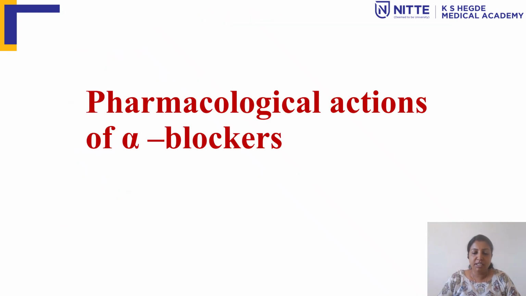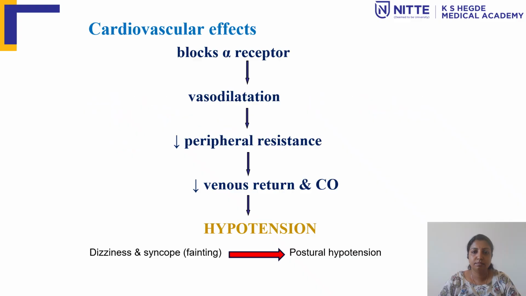Coming to the pharmacological actions of alpha blockers, the effect of the alpha blockers on blood vessels. By blocking the alpha receptor, which reduces vasoconstriction on stimulation, it produces vasodilatation.